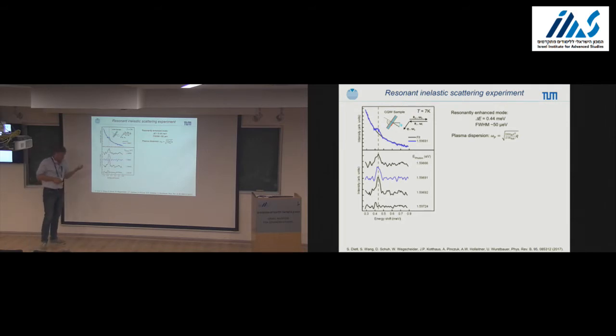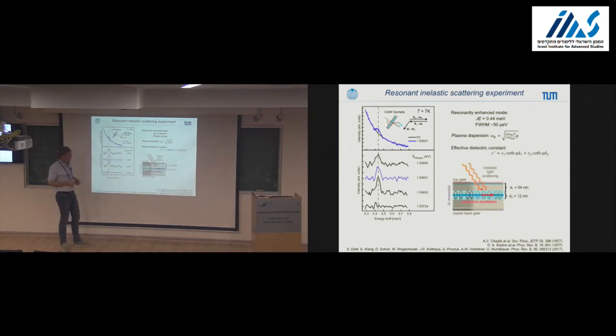Having in mind that we have holes and excitons, the first answer would be, okay, let's take the Drude dispersion for a plasma, a hole plasma with heavy holes in there. It doesn't work at all. But it is well known since the 70s, when 2D systems were explored for the first time, that once you have such a plasma, the dielectric function connects to the conductive environments, in particular to the top gate and also to the holes.